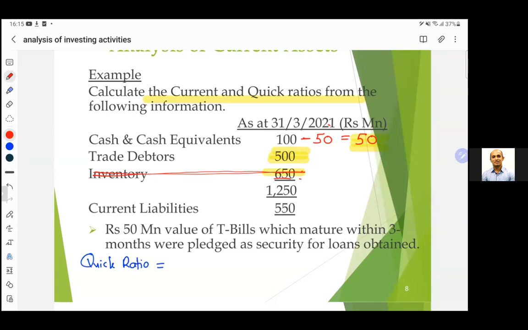You can remember the theoretical formula: quick ratio equals the current assets, from which you deduct inventory, divided by current liabilities.